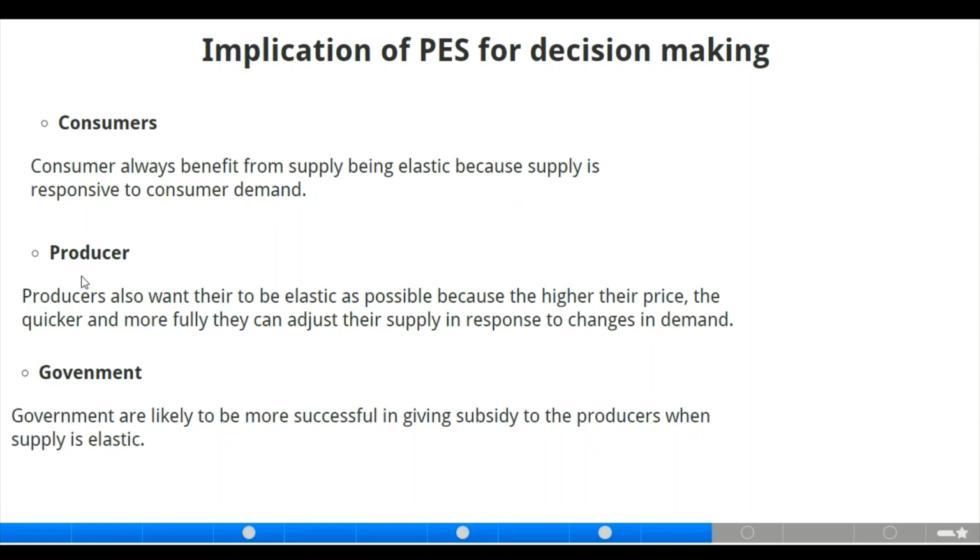Producers also want supply to be as elastic as possible because the higher the price, the quicker and more fully they can adjust their supply in response to changes in demand. Governments are also likely to be more successful in giving subsidies to producers when supply is elastic.